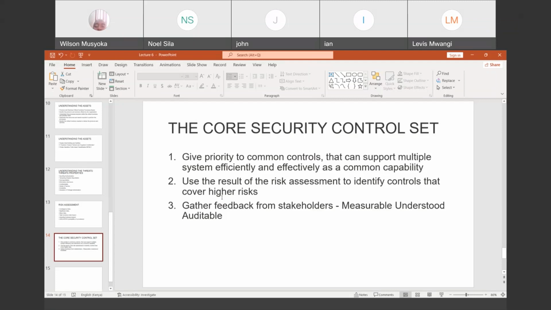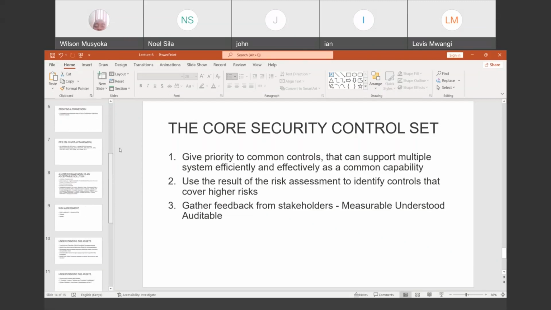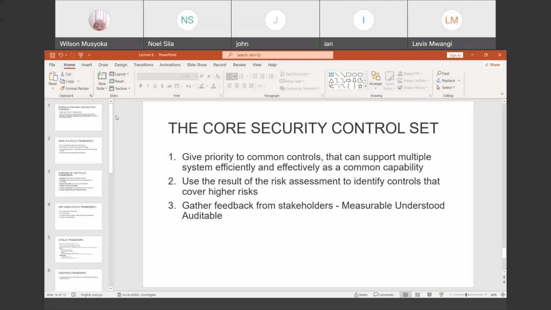Then you're going to gather feedback from stakeholders. So I hope that makes sense. How we are going to carry out those activities, one step at a time. So that is what we needed to cover there in terms of looking at the security framework.